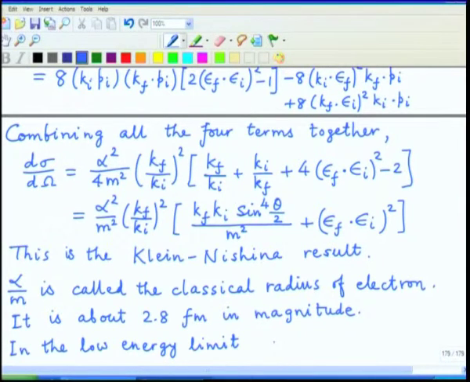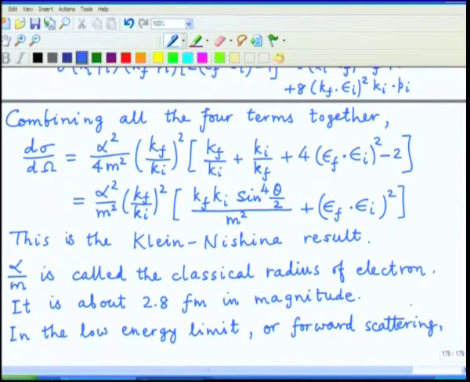It becomes an elastic scattering situation, or one can go to the same result of dropping the first term in case of forward scattering. Again, in that case, Kf becomes equal to Ki by energy conservation, because 1 minus cosine theta which appeared over there is 0, and so Kf equal to Ki.